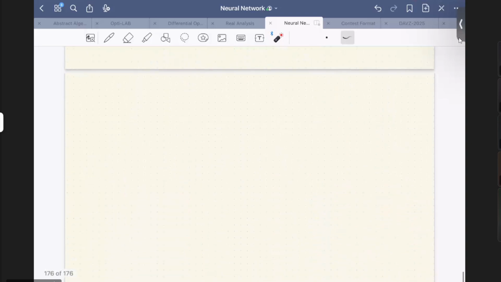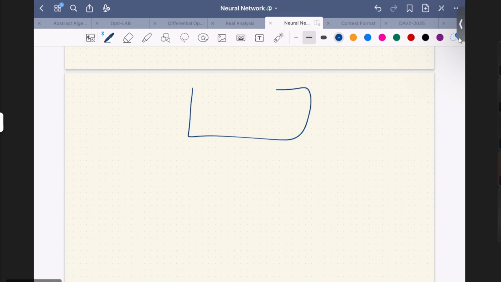With this, now let me draw diagrams of some kinds of networks. Not the complete network architecture, but block diagrams.